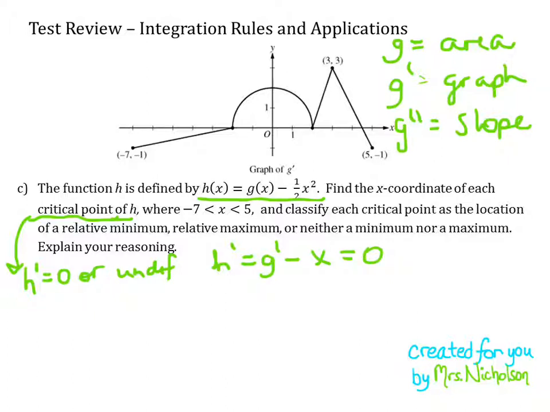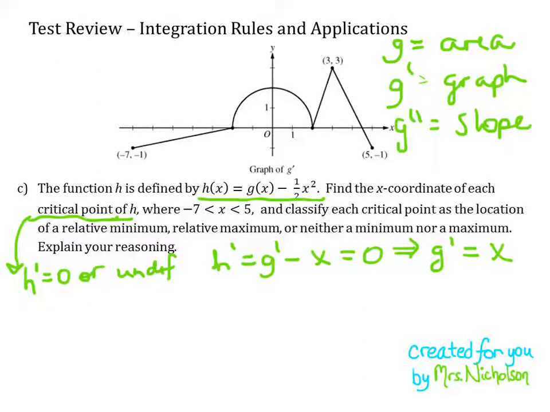So what I'm really looking for here then is I want to know where the derivative of g might be equal to x. Or, in other words, where the graph that I'm looking at would be equal to x.